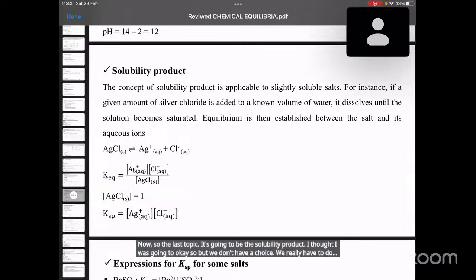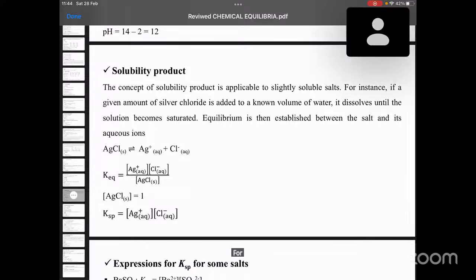Now, the concept of solubility is just like what we talked about with the dissociation constant for acids, when they do not dissociate completely. A similar thing happens in this case, because we're talking about salts that are not very soluble, that are only slightly soluble.